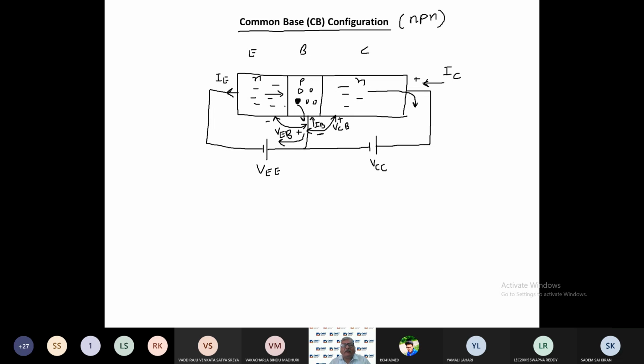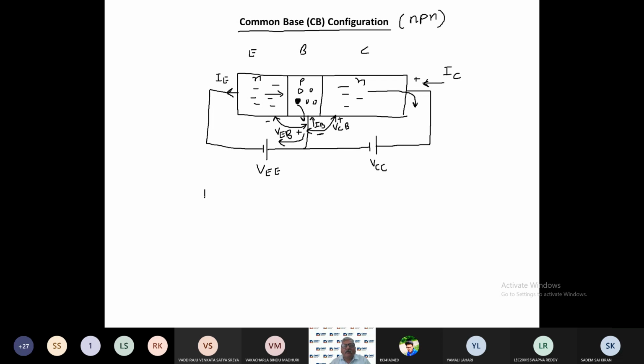Now you see, suppose 100 electrons move towards the base. Few will recombine with the holes, they will form base current. Remaining will come towards the collector and form the collector current.